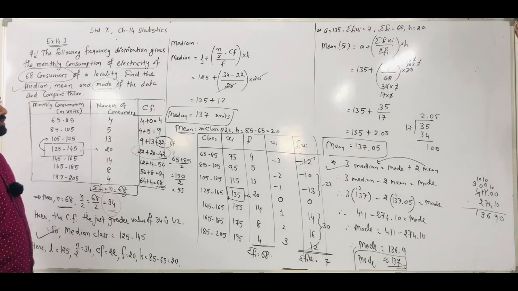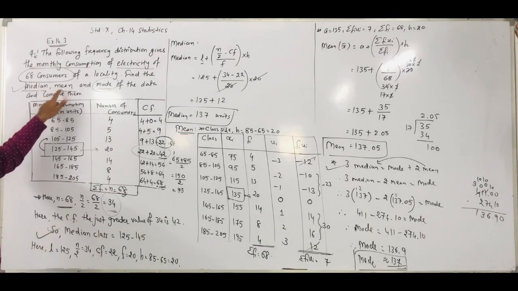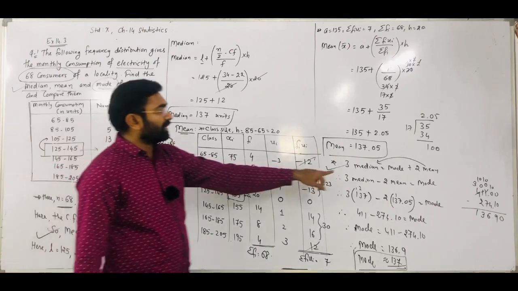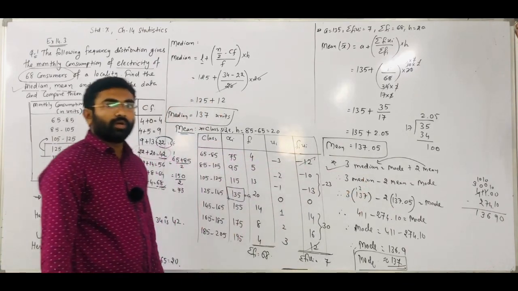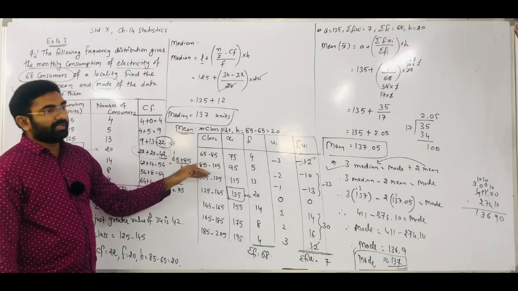Okay. So in examination, whenever the question asks to find out the median, mode and mean, then what you have to do? Any 2 values you have to find out first of all using the formula, and the remaining value you have to find out using the relationship between mean, mode and median. Always we have to find out the median and mean first.